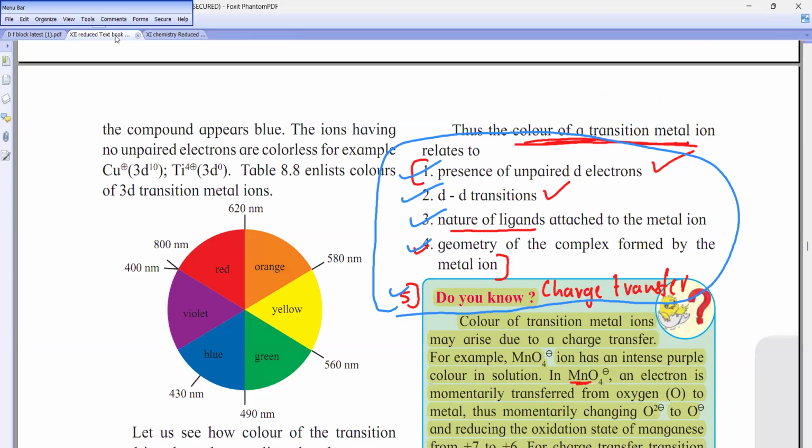Fifth point, you just write charge transfer. Don't explain the entire thing. There should be an unpaired electron, only then will d-d transition happen. Then it also depends on the nature of the ligand. We have studied that ligands are strong field and weak field. And it also depends on geometry, whether it is tetrahedral or octahedral, what type of structure it is.